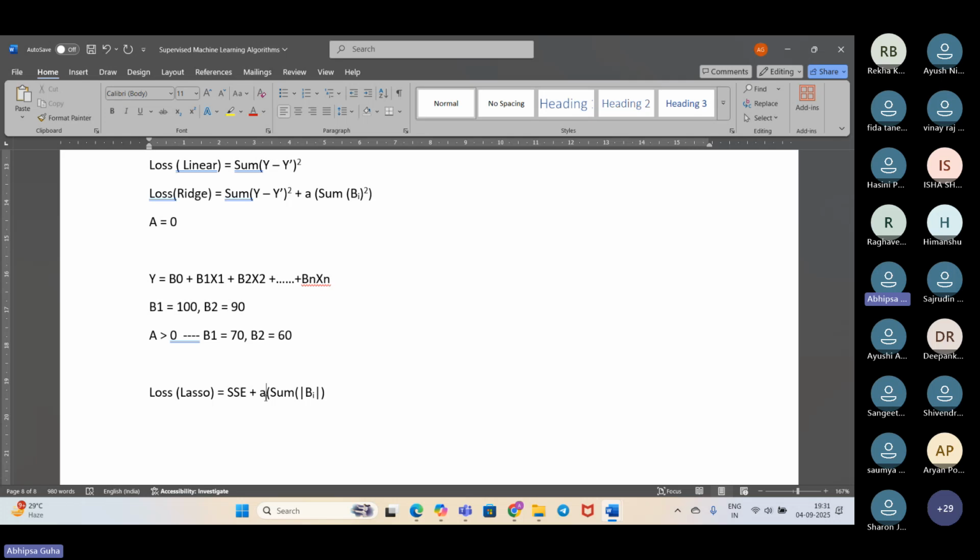It is useful when you have many features and you want to check which features are important and which are not. In that case, you can definitely use lasso regression. Lasso regression will itself remove some of the unused features, and it also makes the model easier to work with and interpret.